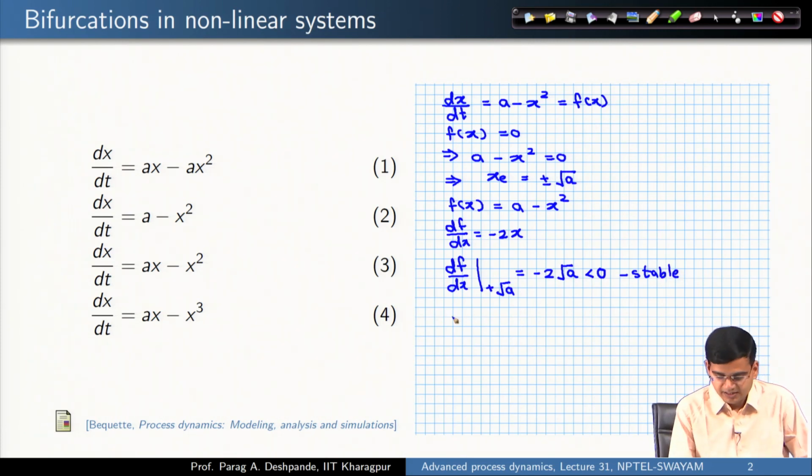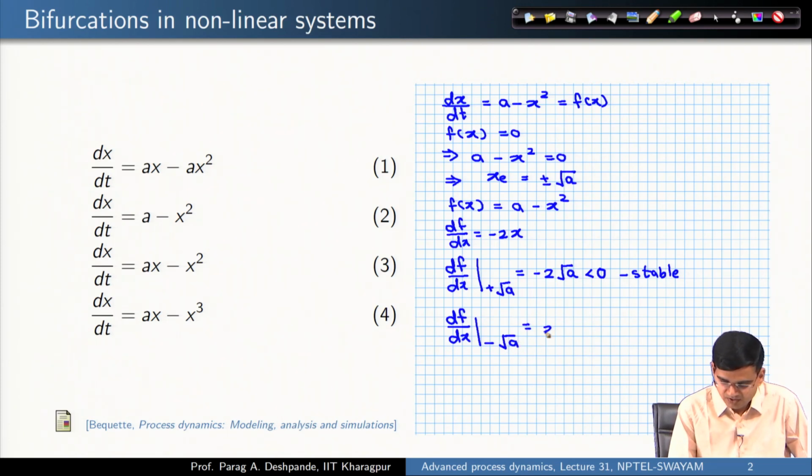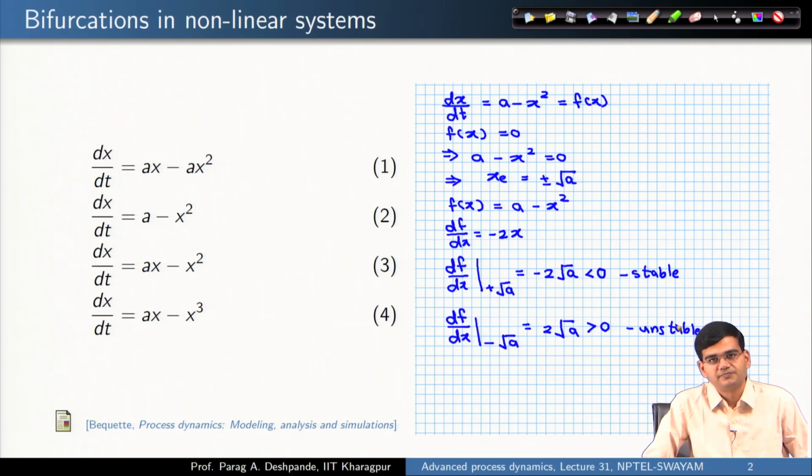Okay. And df by dx for minus root a would be what? 2 root a, which would always be greater than 0, which means I have an unstable part.